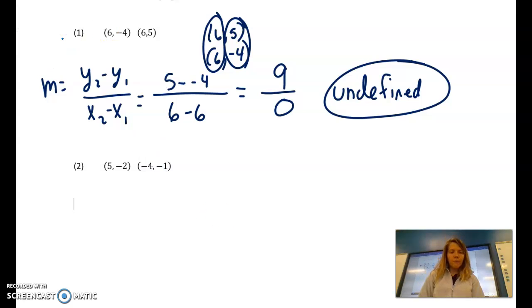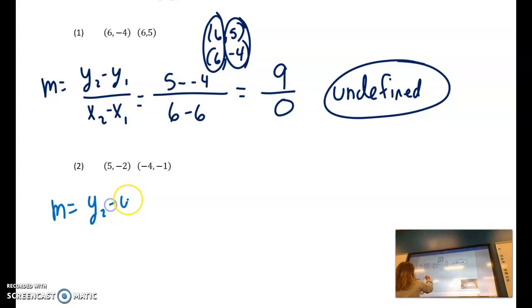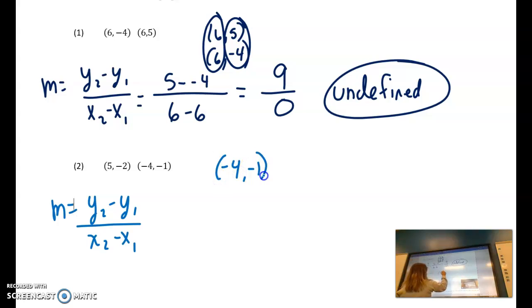So let's go ahead and do number 2. So number 2, 5 comma negative 2, negative 4, negative 1. And we want to find the slope. So again, y2 minus y1 over x2 minus x1. So I'm going to put my second coordinate on top, my first coordinate on bottom. It doesn't matter the order here. So we need to subtract our y's.